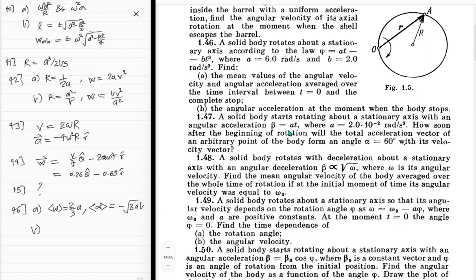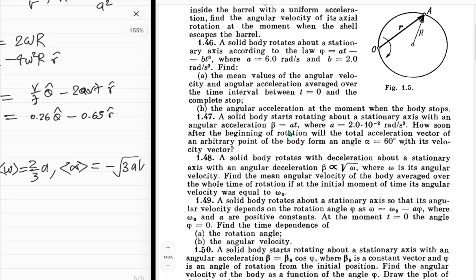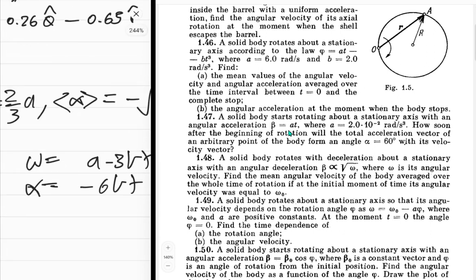When the body stops, what is alpha at that point? Omega was a minus 3b t squared, so alpha is equal to -6b times time. Now, we know what time is, so -6b square root of a upon 3b.